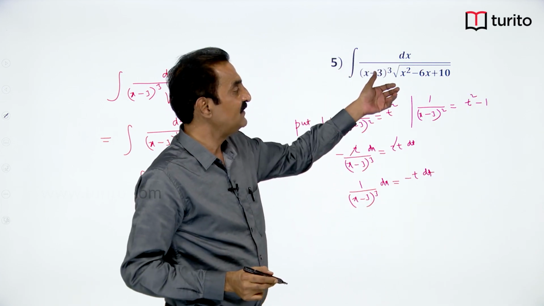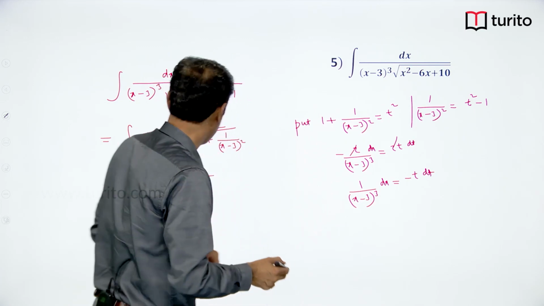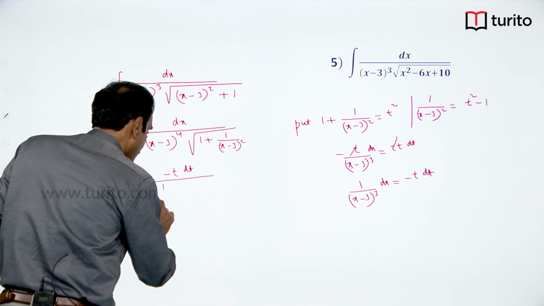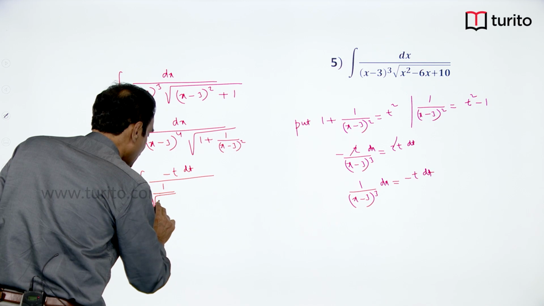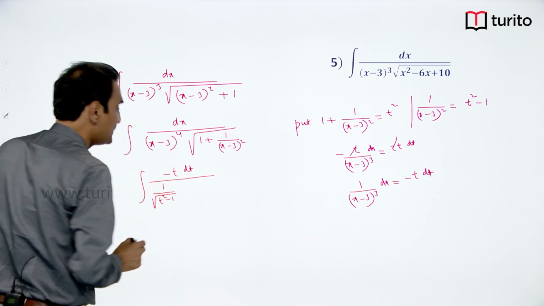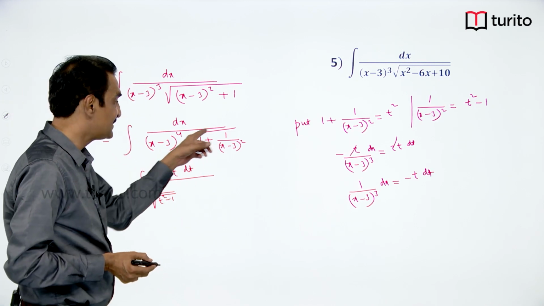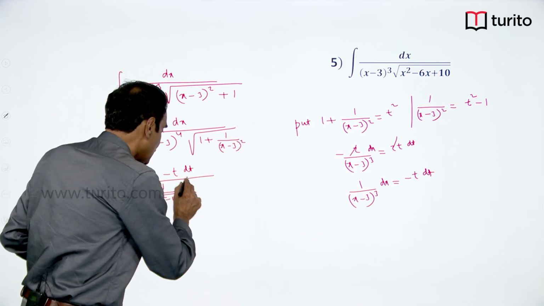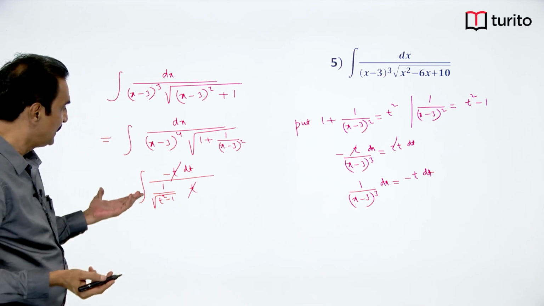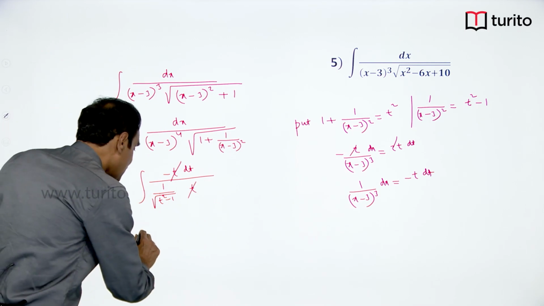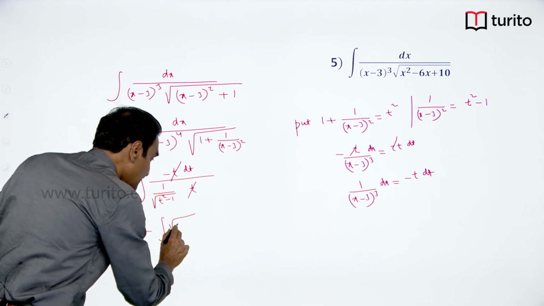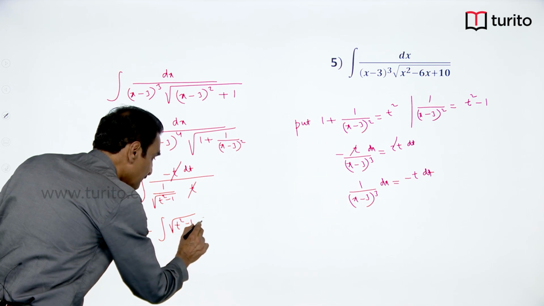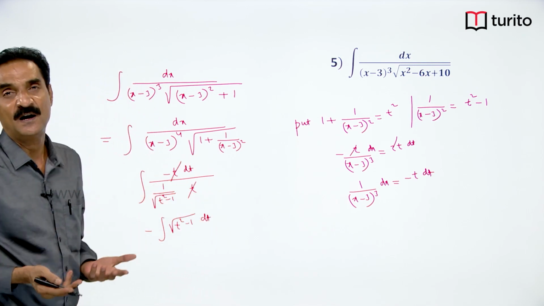So x minus 3 will be 1 by root over t square minus 1. 1 by root over t square minus 1 into, this is t, root over t square is t, t cancels. Now it is minus integral root over t square minus 1, which is a direct formula.